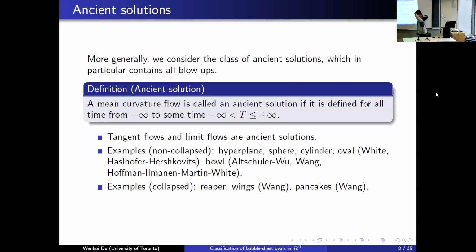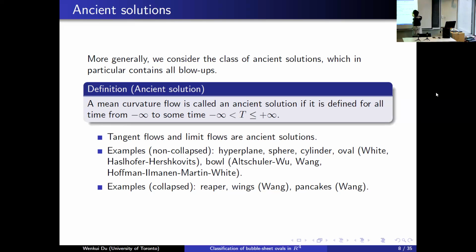However, the tangent flows can be analyzed by self-shrinking solutions, but how do we analyze limit flows? The more general consideration is to put them into the class of ancient solutions and to study the classification of ancient solutions. It's a parabolic type of Bernstein problem.